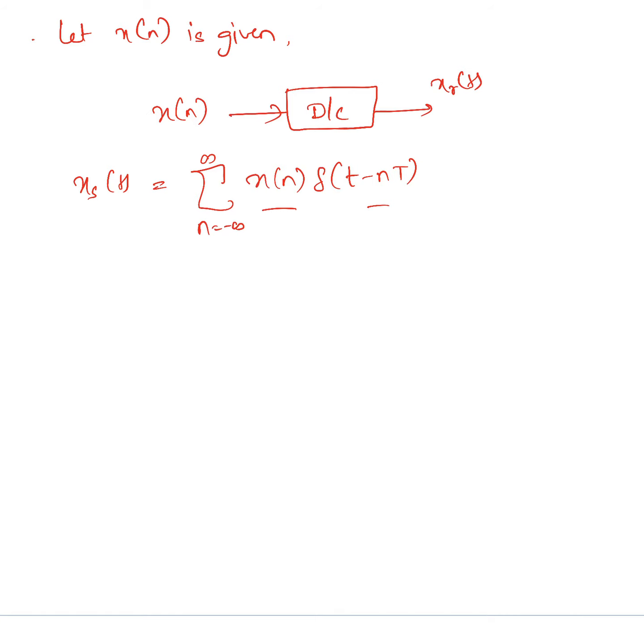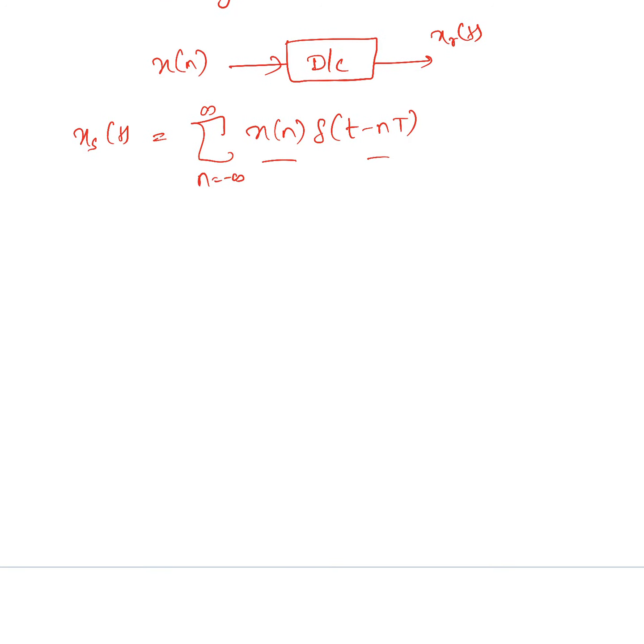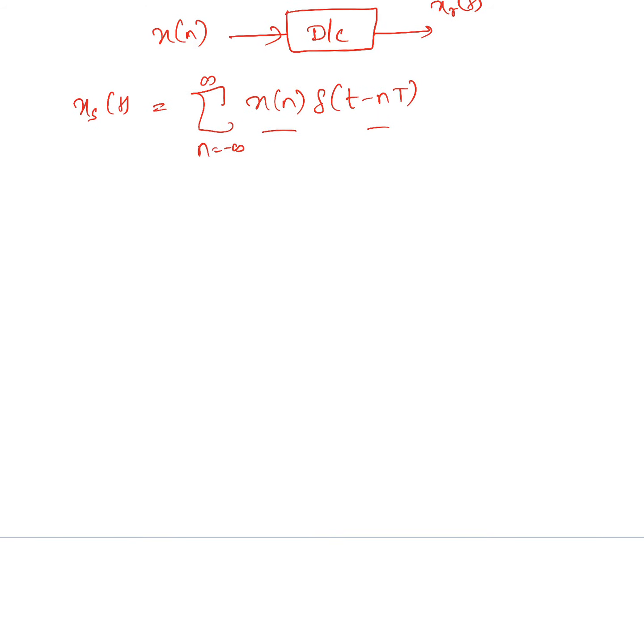Otherwise it is 0. So having computed this impulse train x_s, we will pass this signal through an ideal reconstruction filter whose impulse response is given by, let's say, h_r of t. Let me draw the block diagram so that things become a bit clearer.